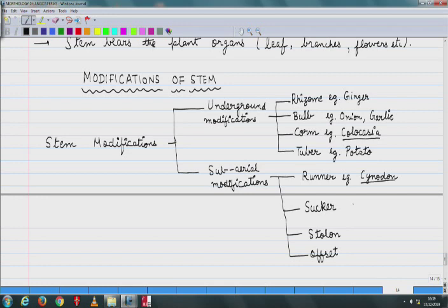Sucker. Sucker is a very good example in this season. There is one plant, chrysanthemum, guldaudi, you call it in Hindi. Right now, it is in flowering condition. Chrysanthemum is an example of sucker. Then mint or Mentha piperita, pudina, that is also an example of this category.